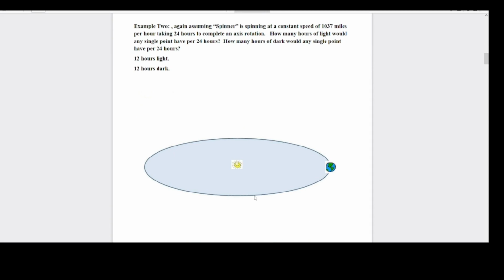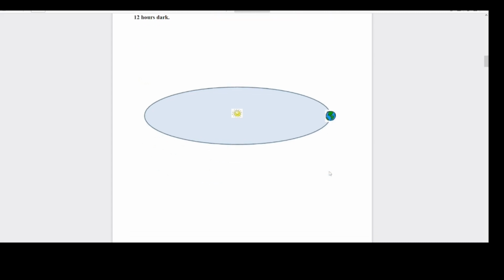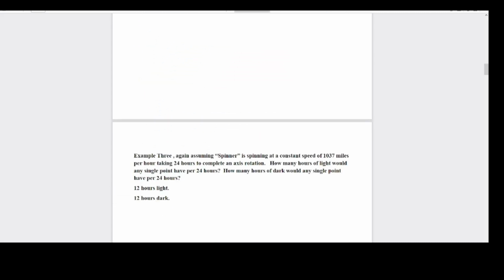Again, assuming spinner is spinning at a constant speed of 1037 miles per hour, taking 24 hours to complete an axis rotation, 1 day, how many hours of light would any single point have per 24 hours? How many hours of dark? 12 hours light, 12 hours dark. Okay, so that's again fairly straightforward.